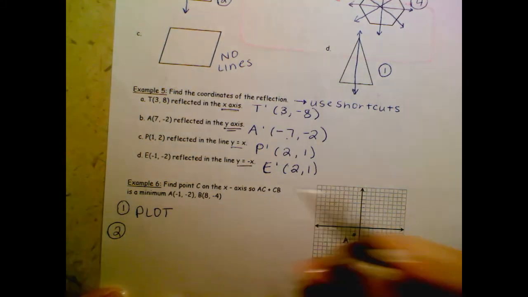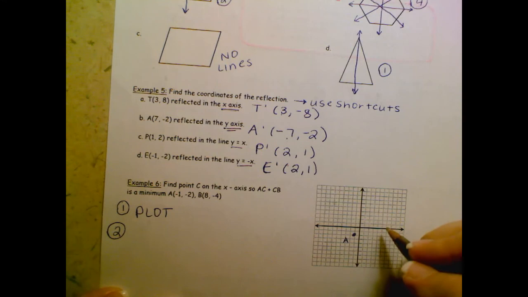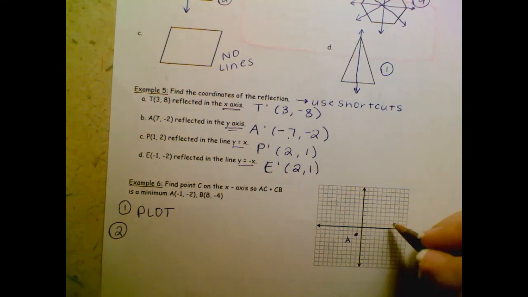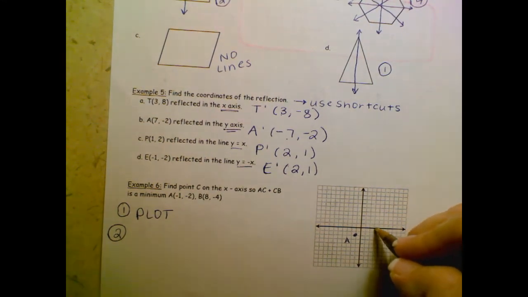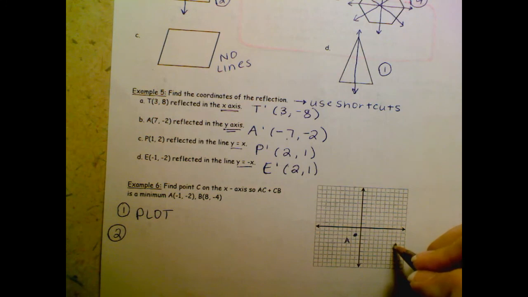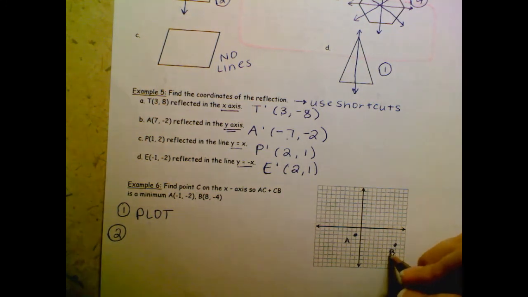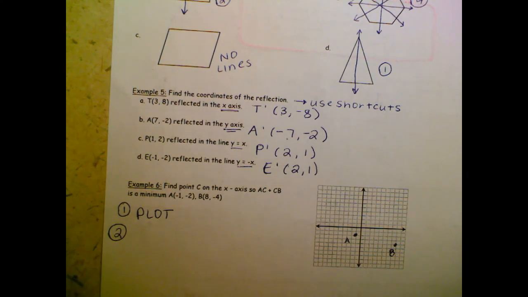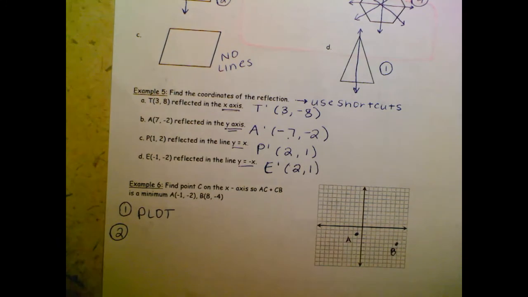I'm going to go ahead and plot B as 8, negative 4. So I'm going to go over 8, down 4. So those 2 are plotted.